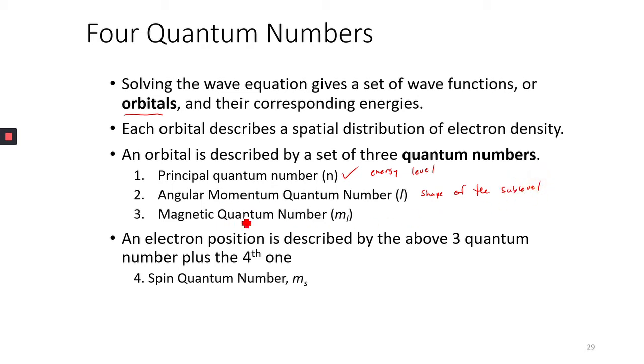And you need your magnetic quantum number, which gives you its orientation in 3 dimensions. If you want to pinpoint where an electron spends most of its time, you'll need the 4th quantum number, which is the spin quantum number.